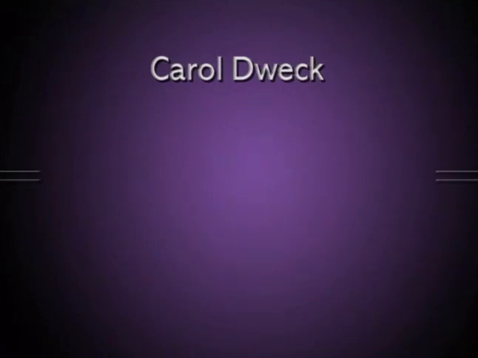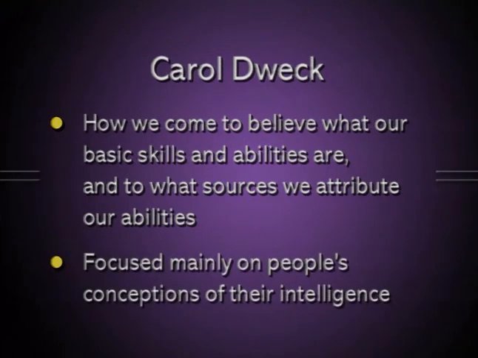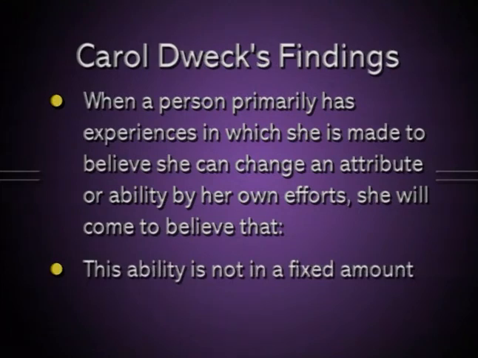Now, a student of Seligman's was Carol Dweck, and Carol Dweck developed a theory that's related to learned helplessness. It's a theory about how we come to believe what our basic skills and abilities are, what the sources are to which we attribute our abilities. And she focused mainly on people's conceptions of their intelligence, but it relates the same way. Dweck showed that when a person primarily has experiences in which she's made to believe that she can change an attribute or ability because of her own efforts, she'll come to believe that this ability isn't a fixed amount.